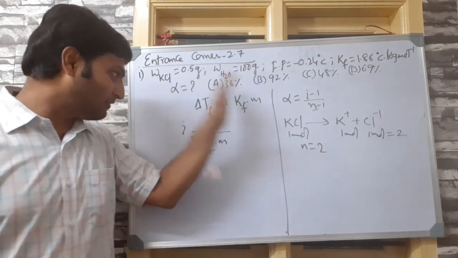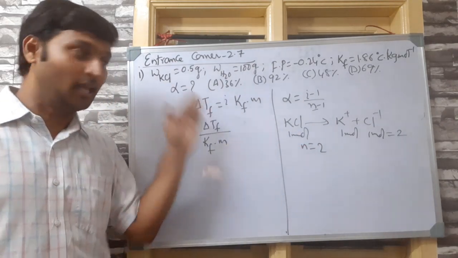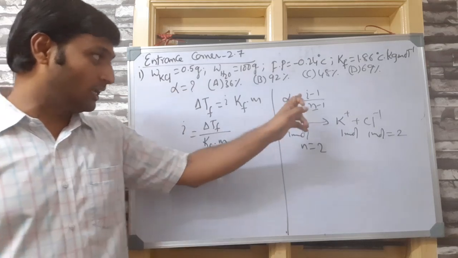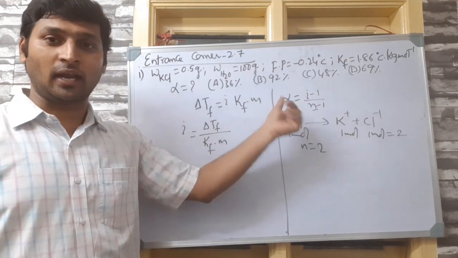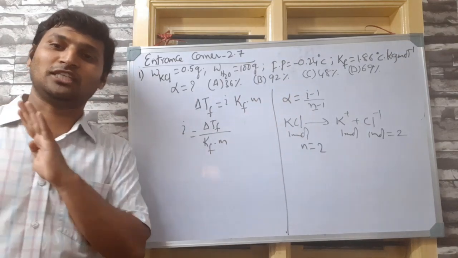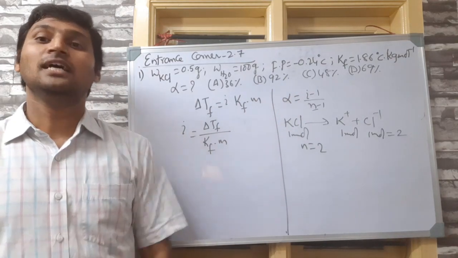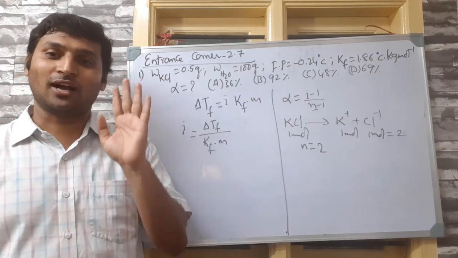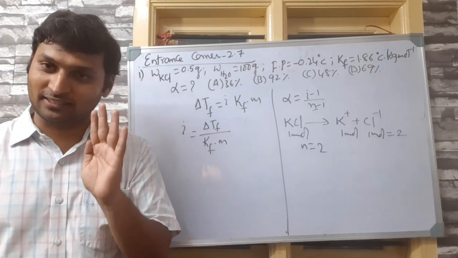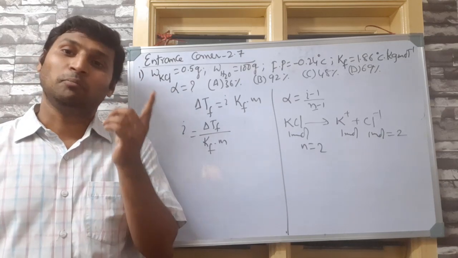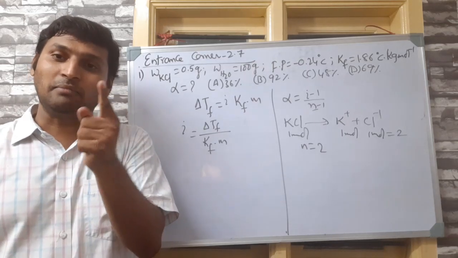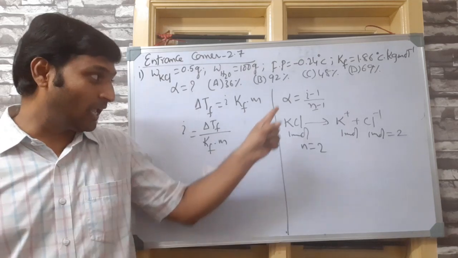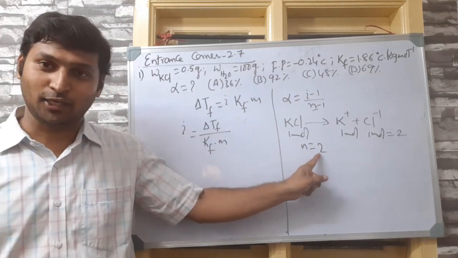So directly, without even calculating I from this information, if it is 100% dissociation, 2 minus 1 by 2 minus 1, that is 1, alpha is 1, the degree of dissociation will be 100%. So the degree of dissociation of a strong electrolyte is supposed to be 100%. But at any given concentration, due to interionic interactions, it may not dissociate 100%. That's why the I value may not come exactly 2.